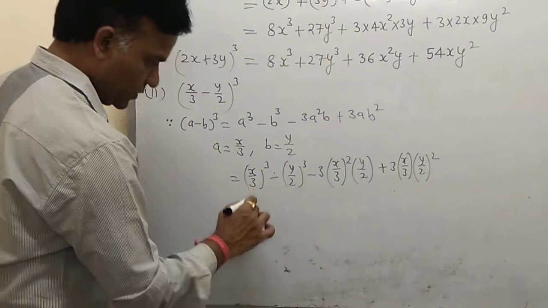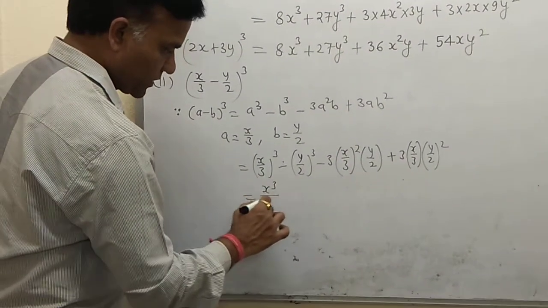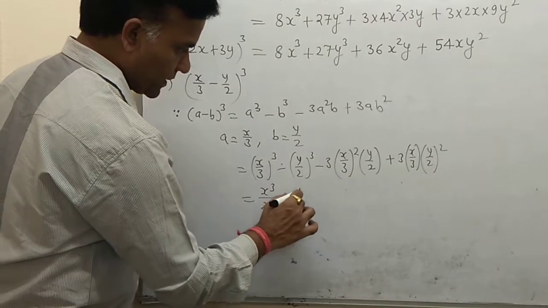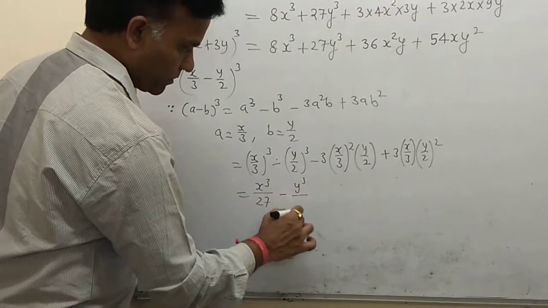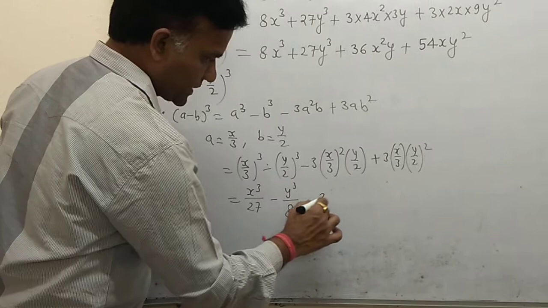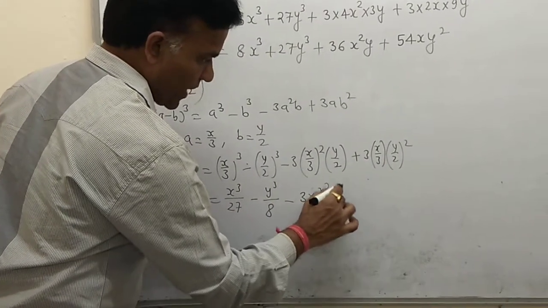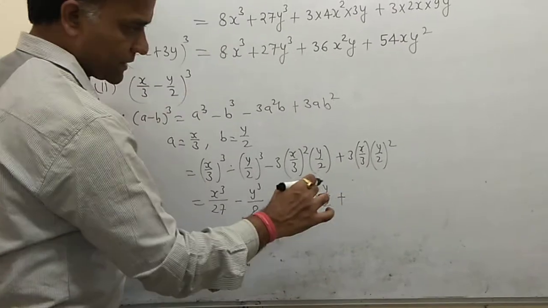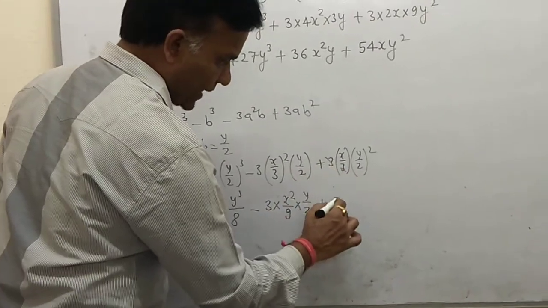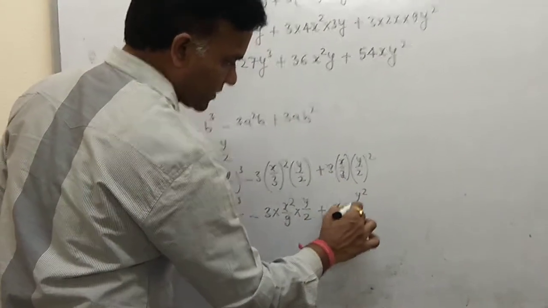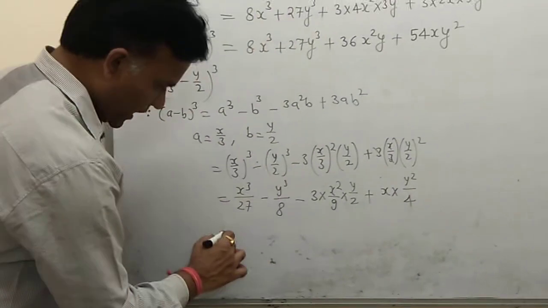So x³/27 − y³/8 − 3 into x²/9 into y/2, plus 3 is cancelled out, x is remaining, and here y²/4. Now here we simplify.